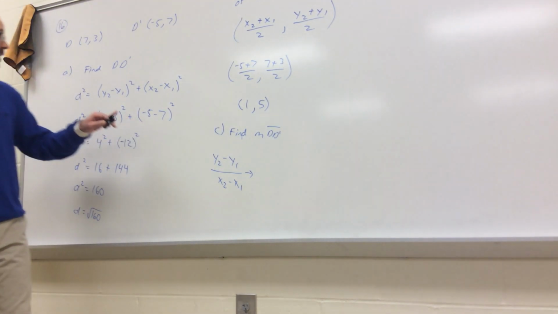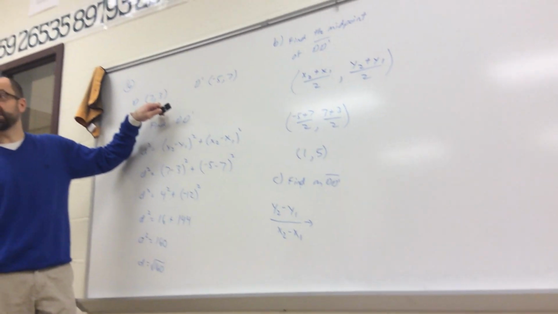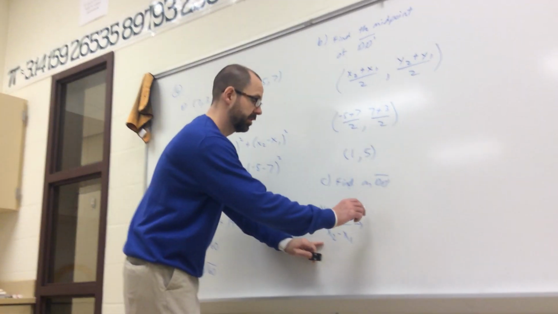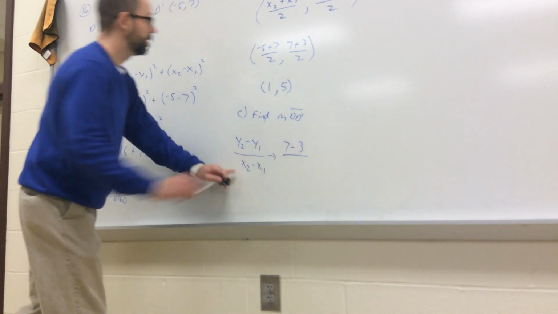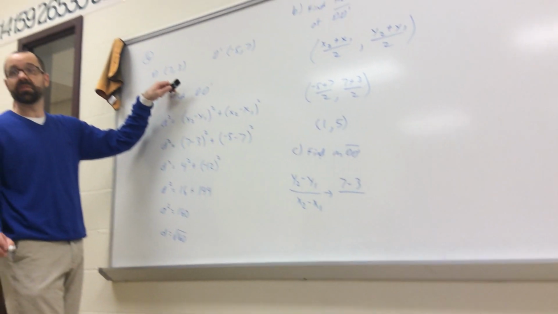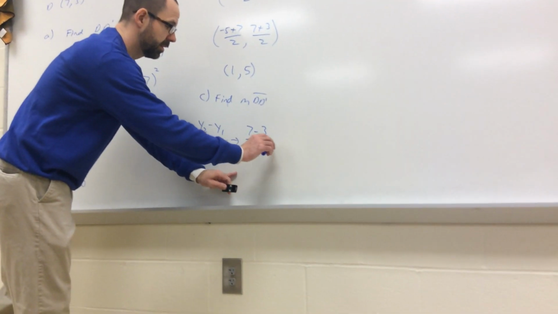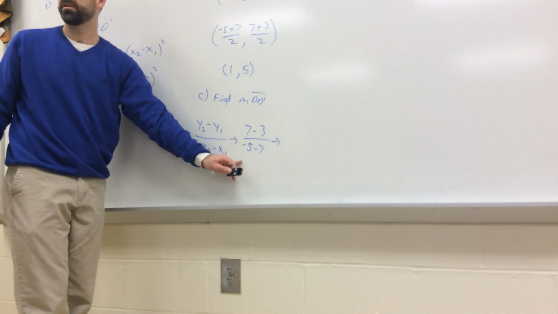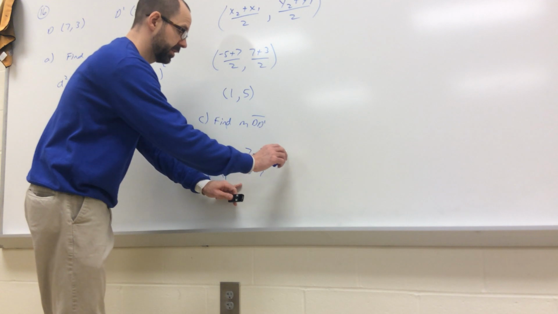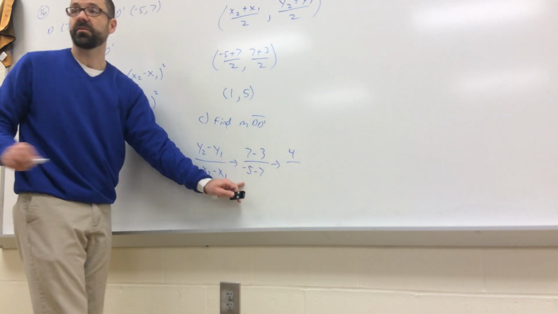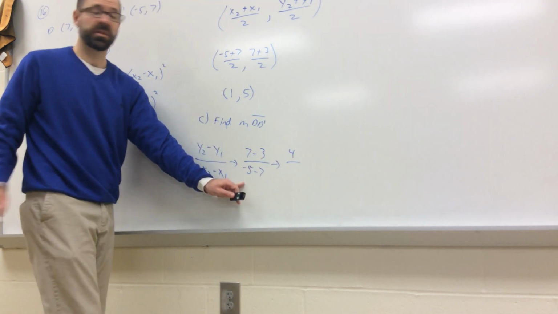Okay, so that's 7 minus 3 on top, and -5 minus 7 on the bottom. Seven minus 3 comes out to 4. -5 minus 7 comes out to -12.